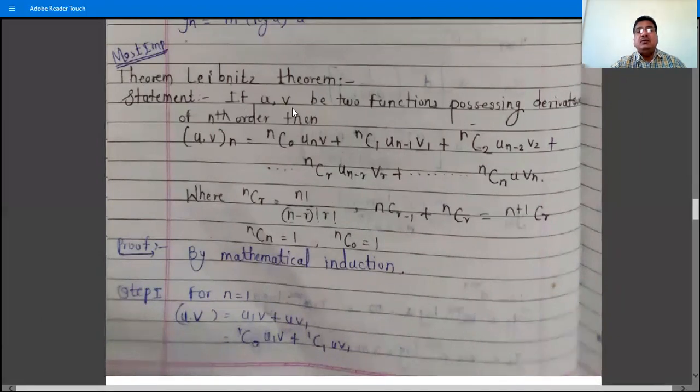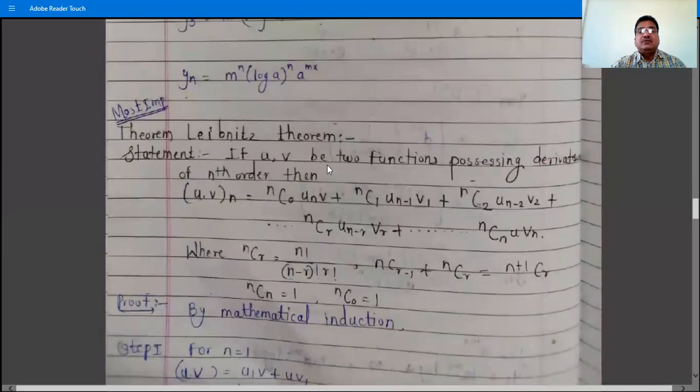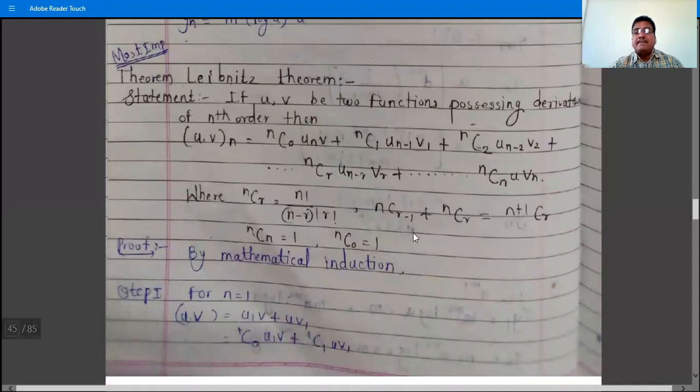If u and v are two functions possessing derivatives of nth order, and y is equal to u into v, then yn, that is the nth order derivative of u into v, is nC0 un v plus nC1 un minus 1 v1 plus nC2 un minus 2 v2 plus so on, plus nCr un minus r vr, plus nCn u vn, where nCr is n factorial by (n minus r) factorial into r factorial. So this is Leibniz's theorem.